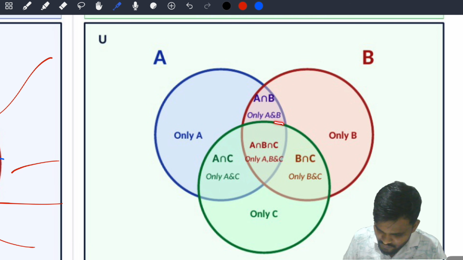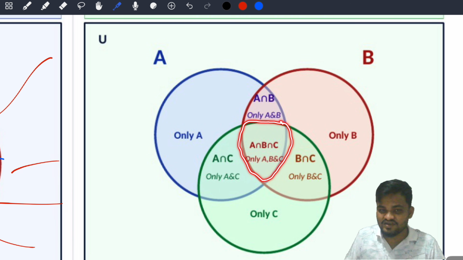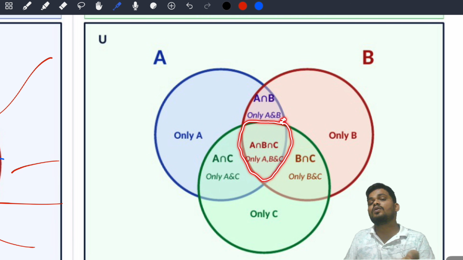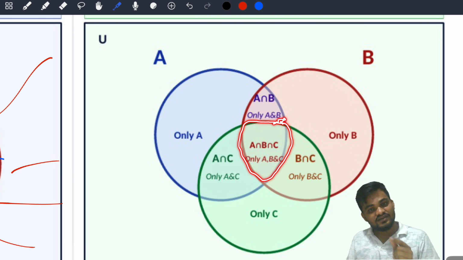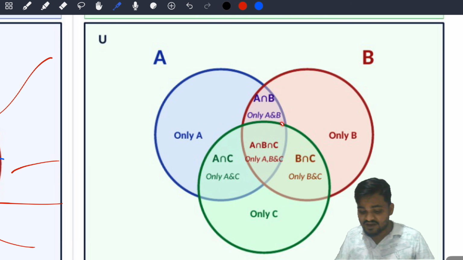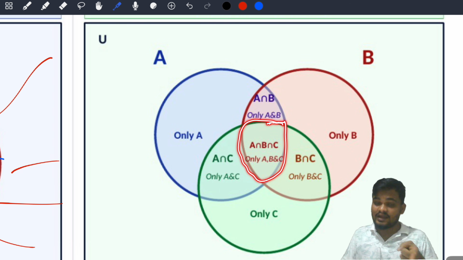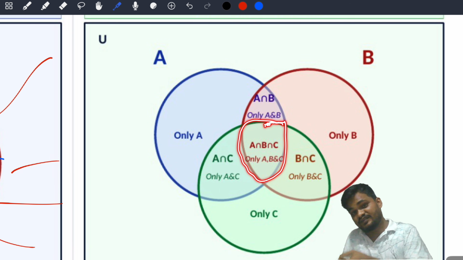Whatever is inside this region, which is present in the intersection of all three sets, it should be A intersection B intersection C, and it is called only A, B and C. That means if anything is present here, it is present in A, B and C, all three sets.